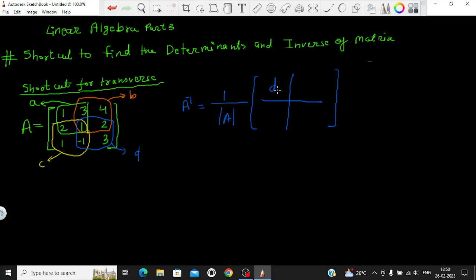You write D here, you write C here, you write A here, and you write B here. You just shift A down side, D upper side, B this side, and C this upper side. Okay, just reshift this and write. So I will write all these values here.